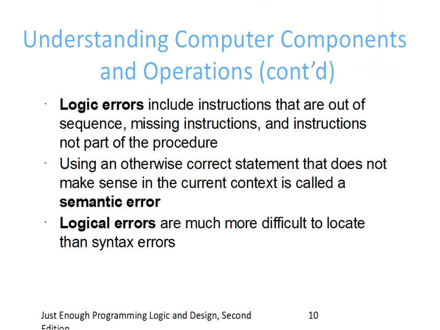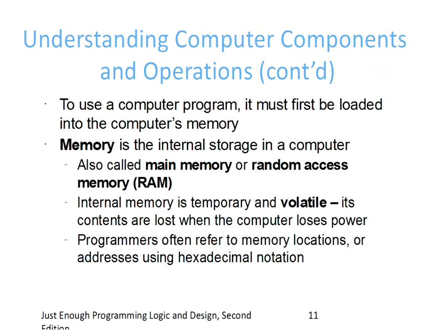So they're a lot more difficult to locate. And that's when you need to look at the programming life cycle. How do you program? It's not just coding, but you need to design it, code it, and then test it.